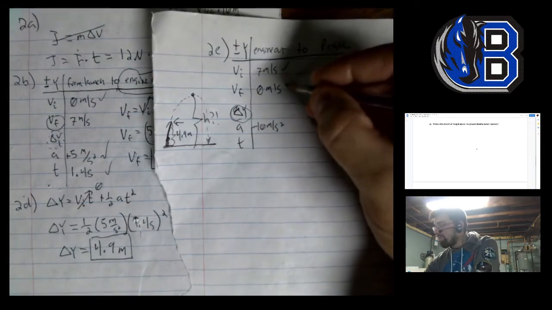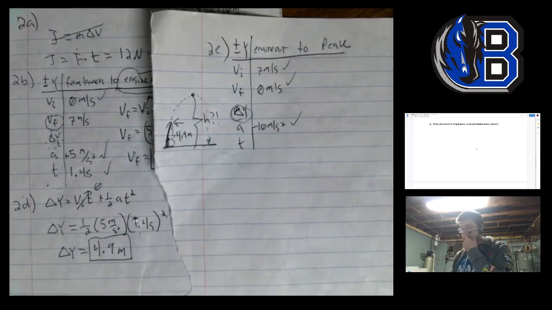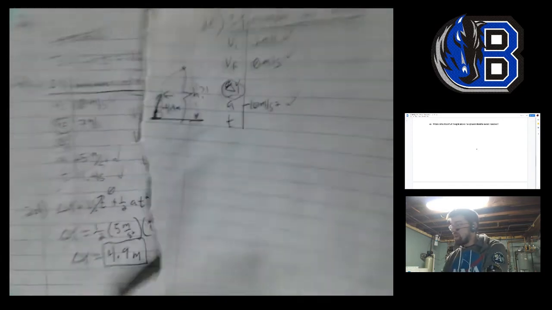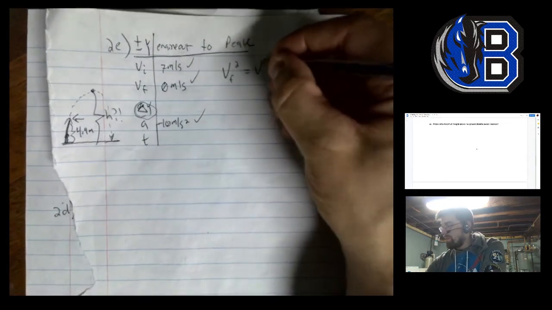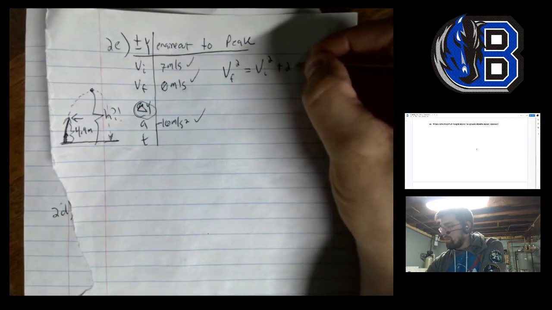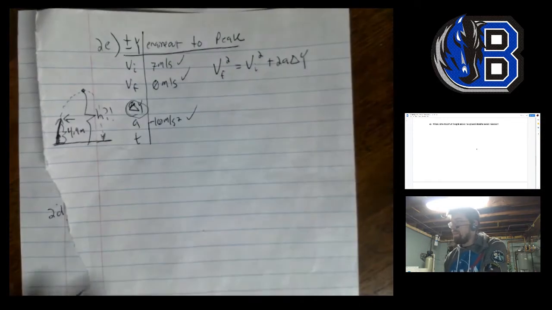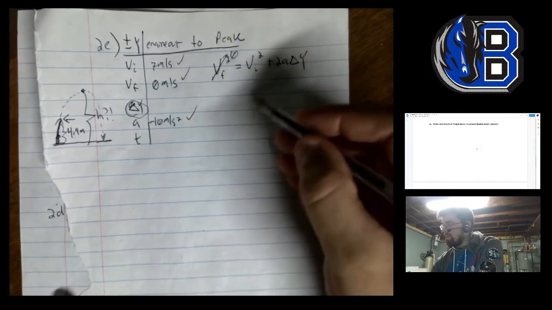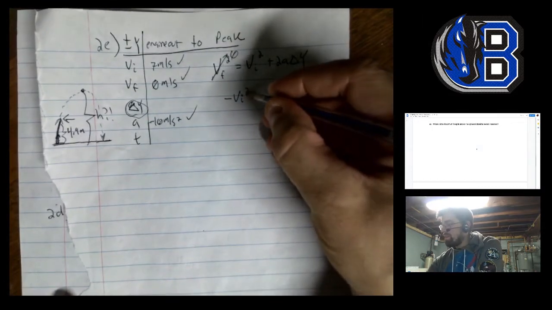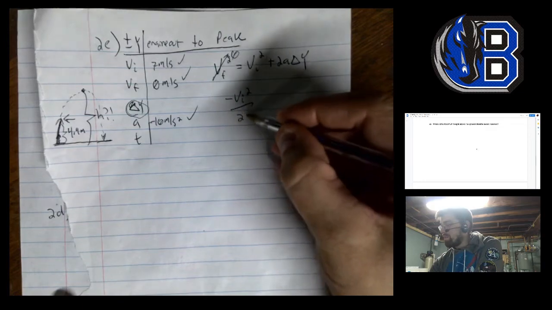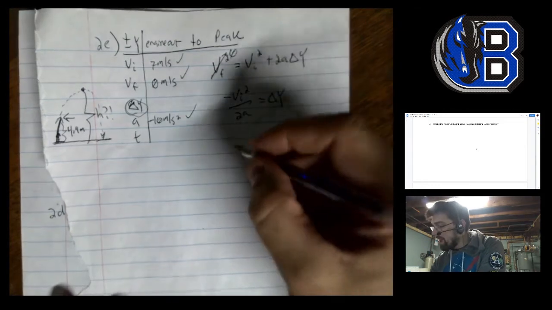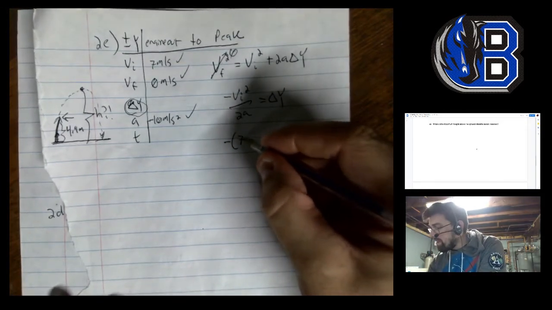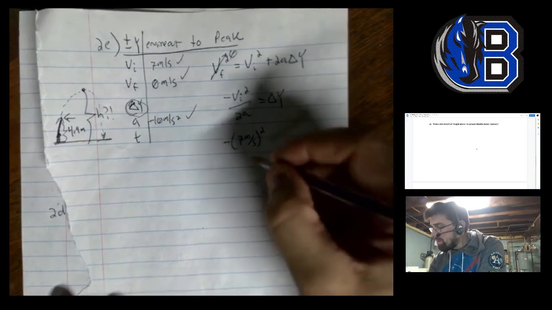I've got 3 kinematics variables, so I can solve for a fourth. There's only one of the 4 equations that doesn't include time. It's that one. That's 0. I'm going to subtract that over, and divide 2a over. Now plug in what we got. I start off at 7 meters per second upward.